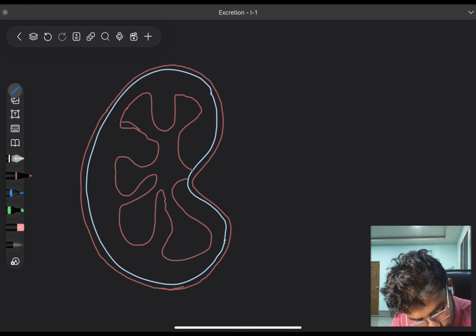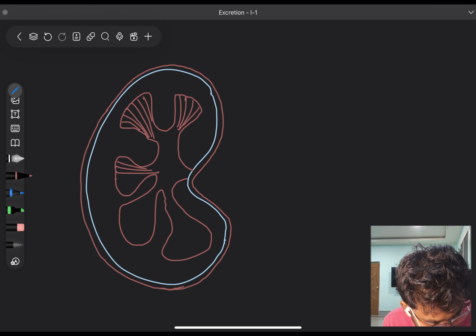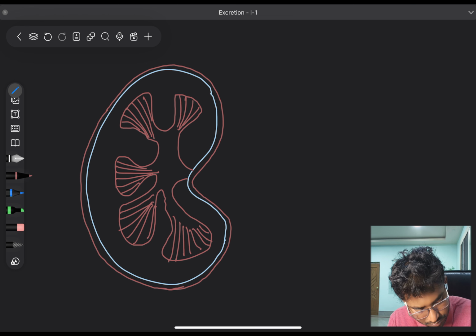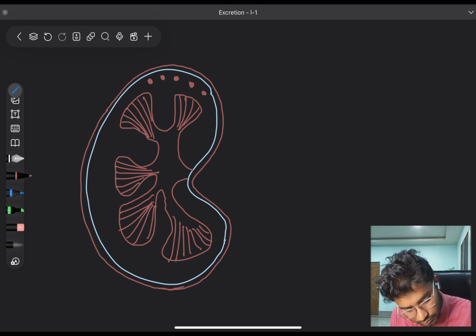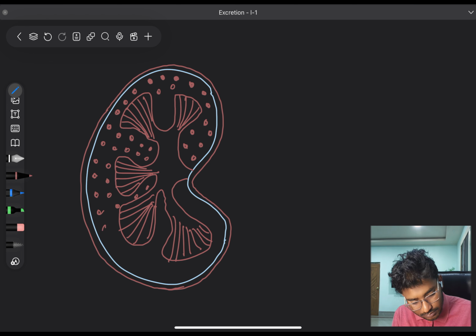These are the calyces. See, I am drawing a structure of the human kidney and I will also describe it.